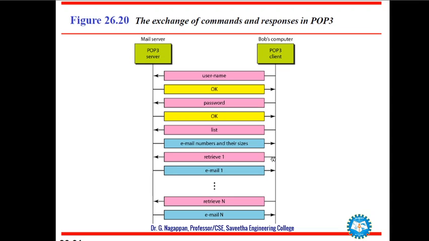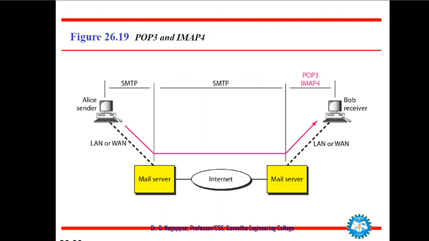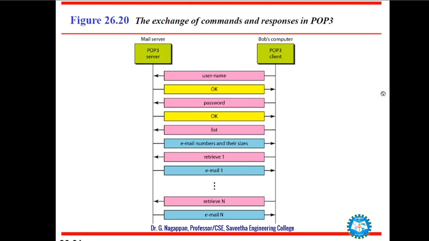And now it is going to select a particular mail, and it is asking to retrieve mail 1. So email 1 is opened and sent to it, and so on. All the mails one by one, whatever is requested, are sent. And this is how the client pulls the information or mail from the mail server at the receiver side. So this is all about emails and the use of SMTP and POP3 for mail transfer. Thank you.